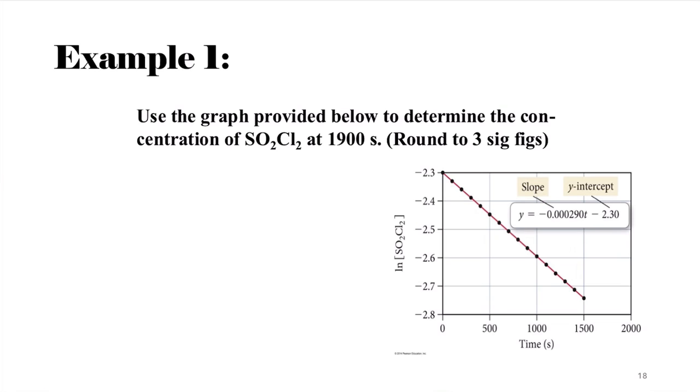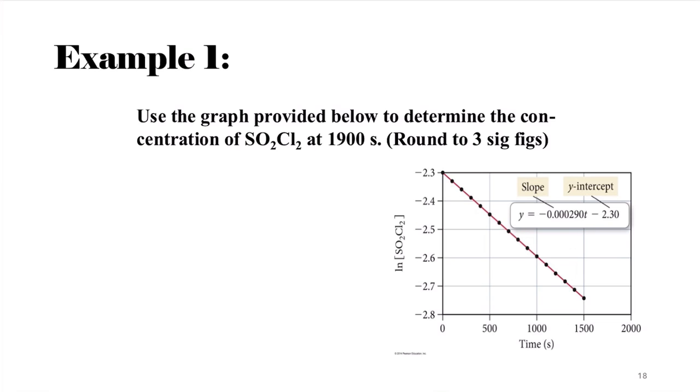What's given to you from this plot, and how can you use that to solve for the concentration at an arbitrary time? You see that 1900 seconds is out of the scope of this plot, or out of the range.